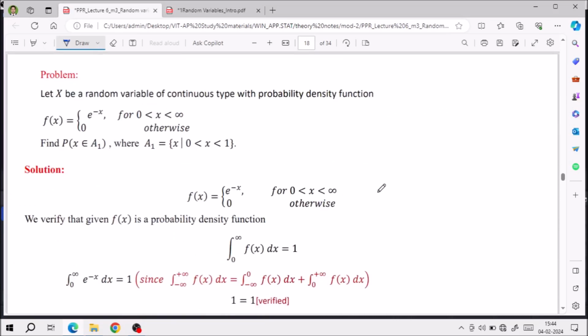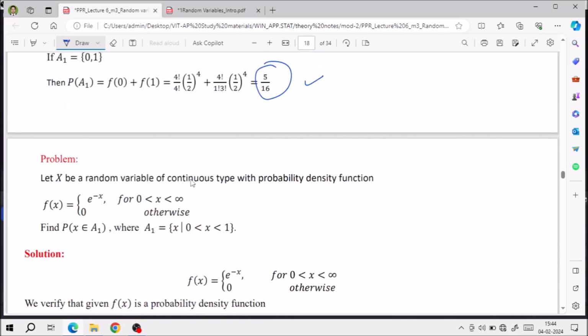Now here see the question: X is a random variable of continuous type with a probability density function like this. Find the probability for A1, where X lies between 0 to 1. So again the same concept. What you need to do here is integration.